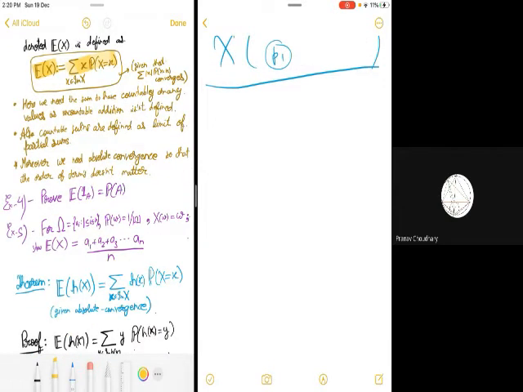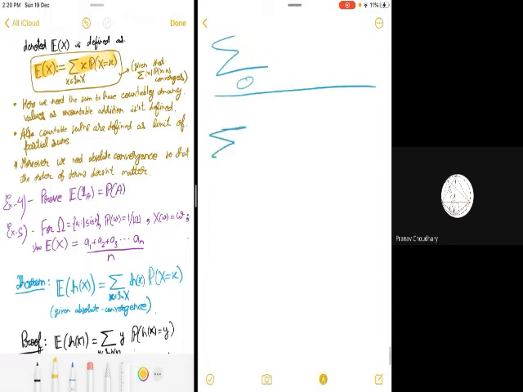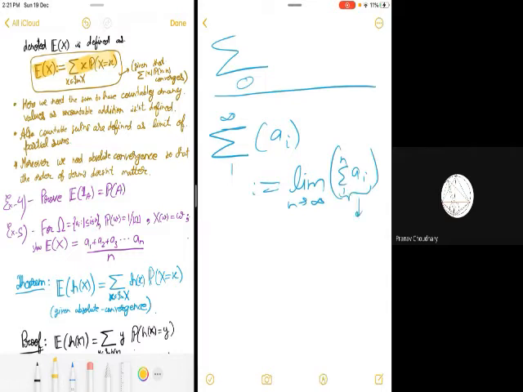One thing to note here is that, because the image of X is countable, the sum over a countable set is defined as the limit of the finite partial sums. For example, the summation from 1 to infinity of ai is defined as the limit as n tends to infinity of the sum of ai from 1 to n, and finite sums have the obvious definition.